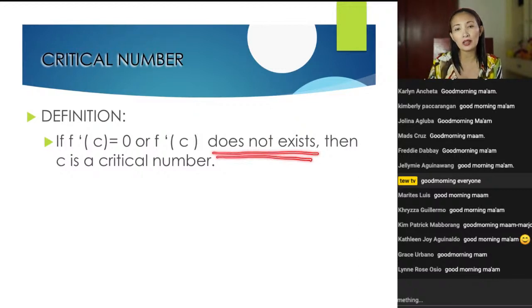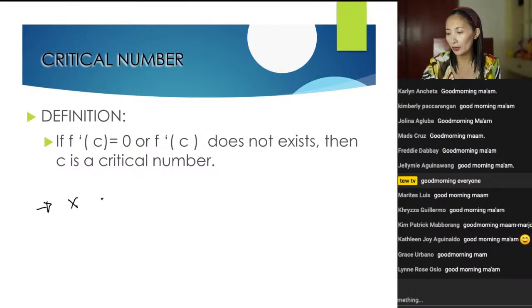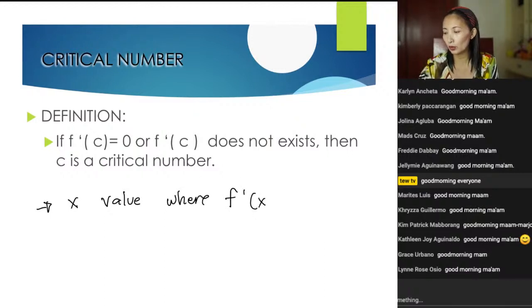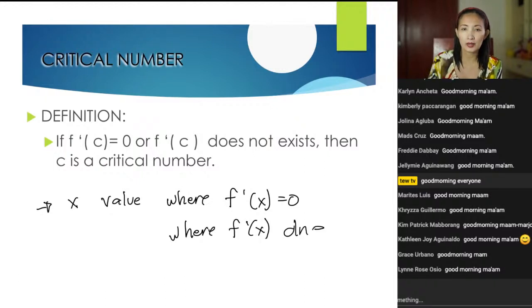Once again, the critical number is the x value where f prime of x is equal to 0, or where f prime of x does not exist. This is how we identify the critical number.